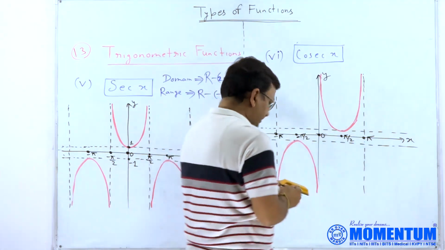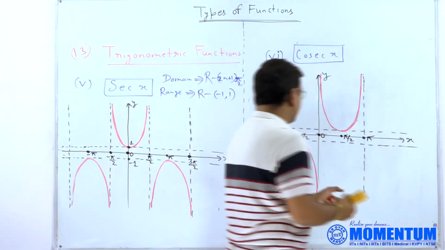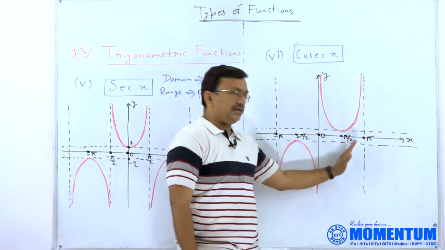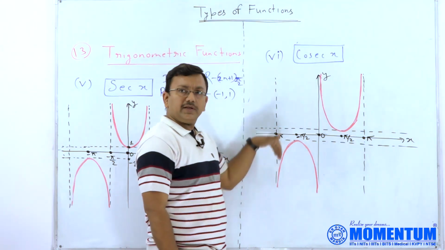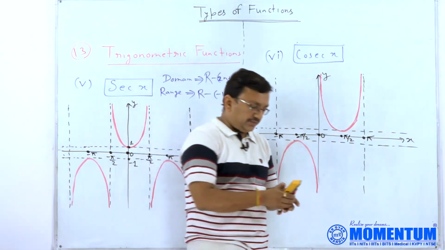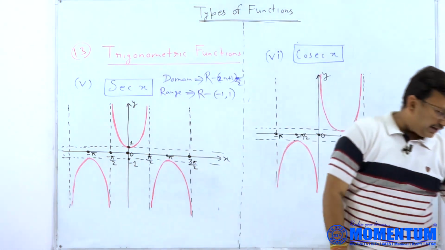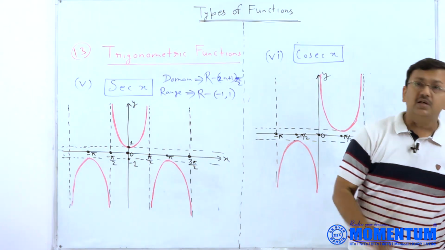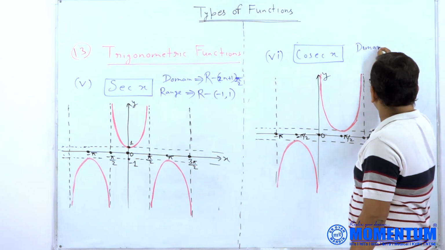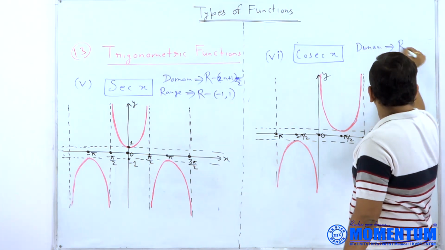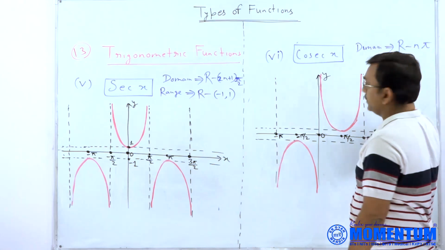So students, in this diagram, the graph is becoming infinity at pi, 0, minus pi. The graph becoming infinite means the graph is not defined at pi, minus pi, which are multiples of pi. So the domain is R minus n pi.